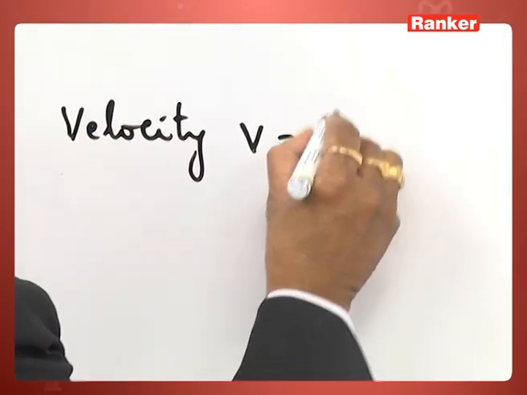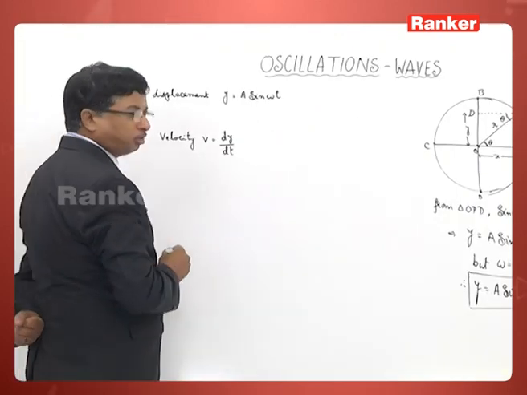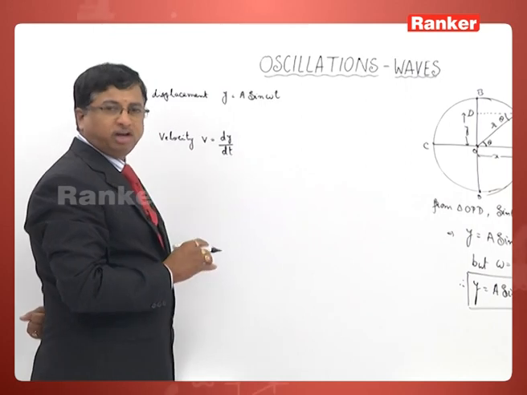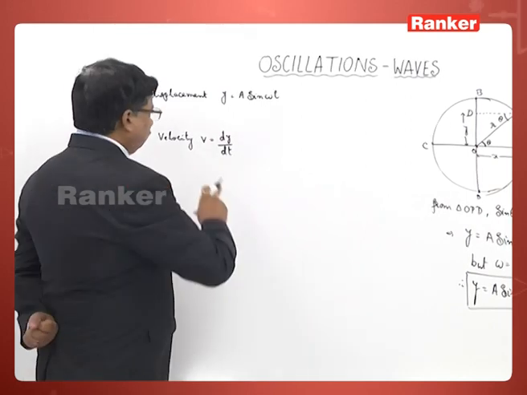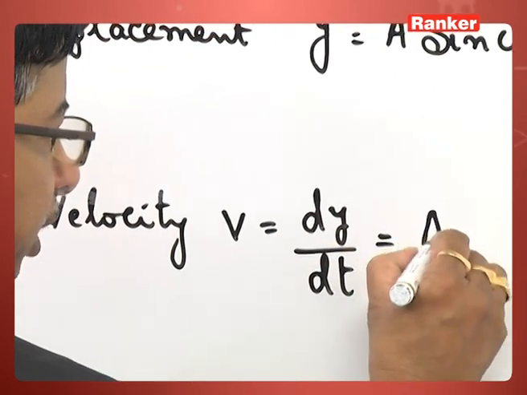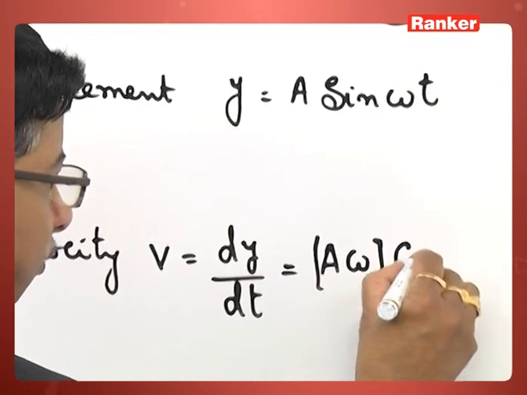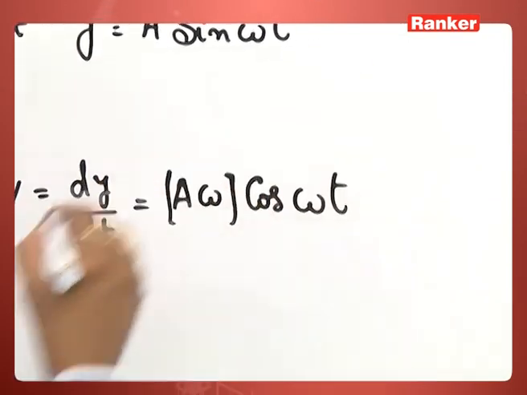In fact, we all know when displacement is differentiated with respect to time, we get velocity. So, v is equal to dy by dt, which can be written as a omega cos omega t.